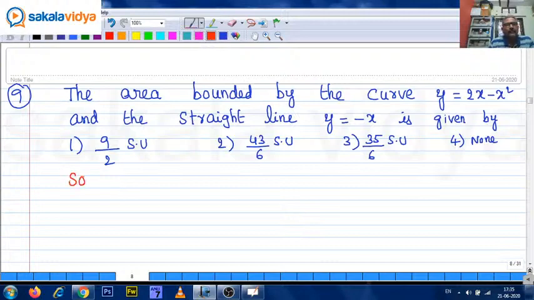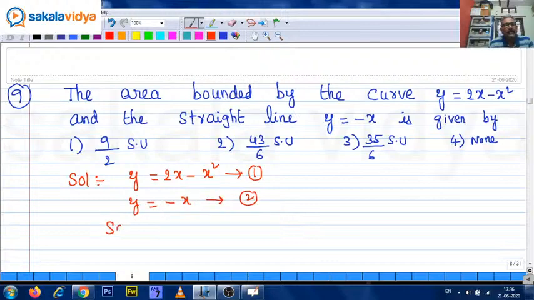Solution. Say y equals 2x minus x square, equation 1. Second is y is equal to minus x, equation 2. Solving 1 and 2.